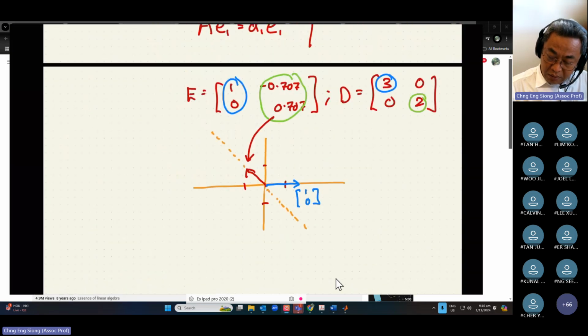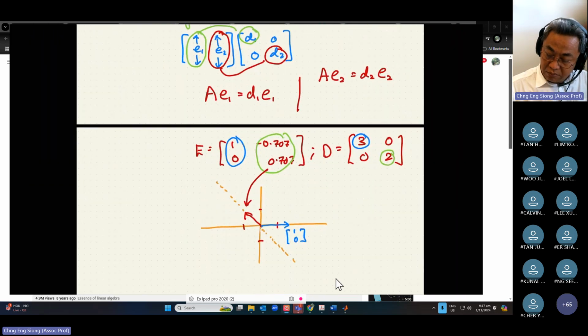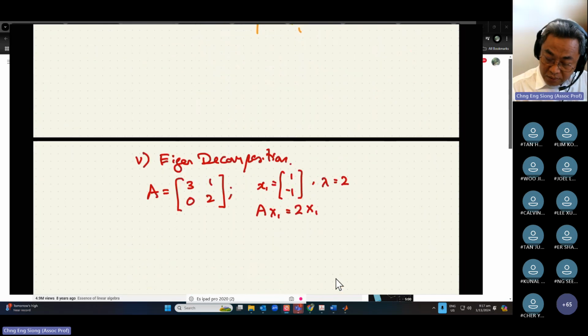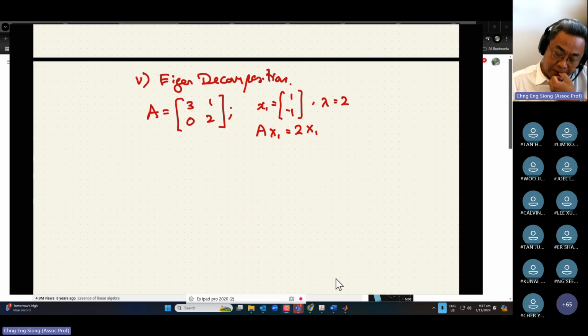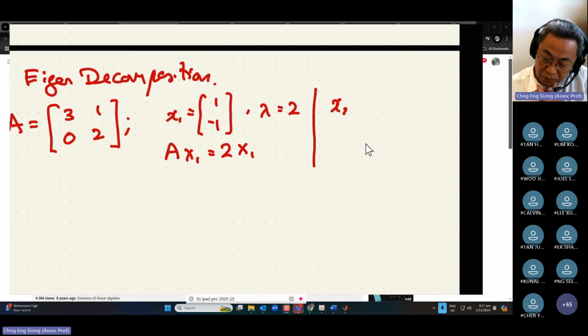All right. Now, we knew this. We also got the other guy, x2, and lambda.